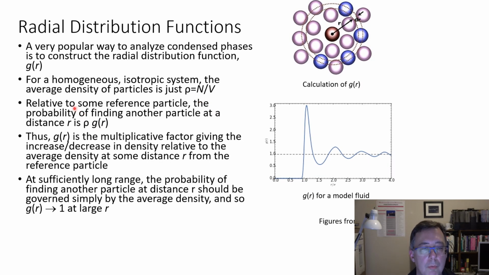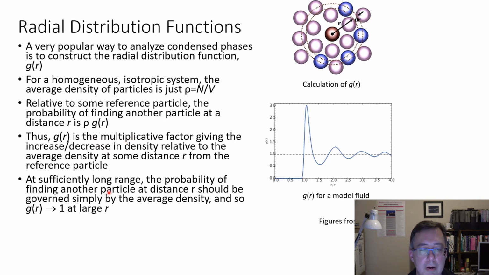So relative to some reference particle like this red particle, the probability of finding another particle at distance r is rho times g(r). So g(r) basically tells me how to tune or adjust the baseline density, or the baseline probability, for the fact that matter is actually made up of actual atoms that I either hit or I don't. Okay, so basically g(r) is a multiplicative factor showing you a local increase or decrease relative to the baseline probability given by the density.